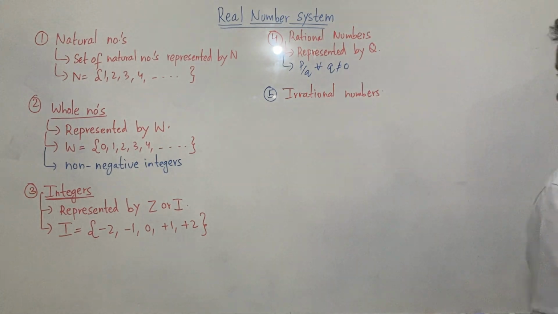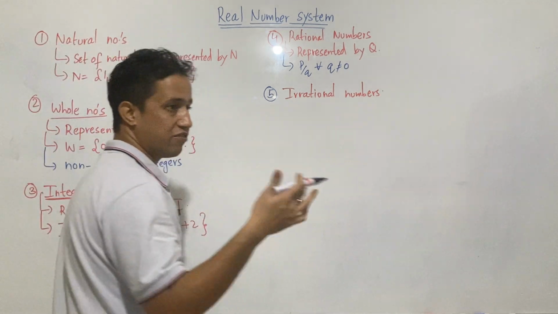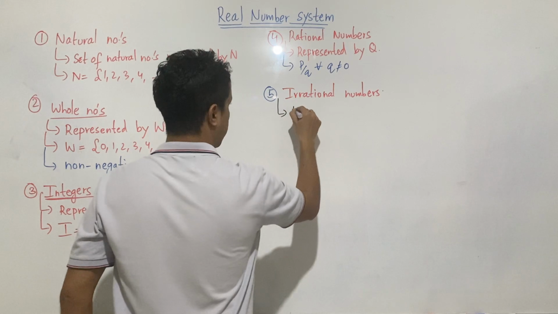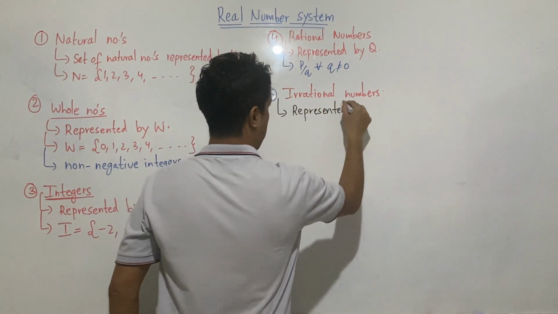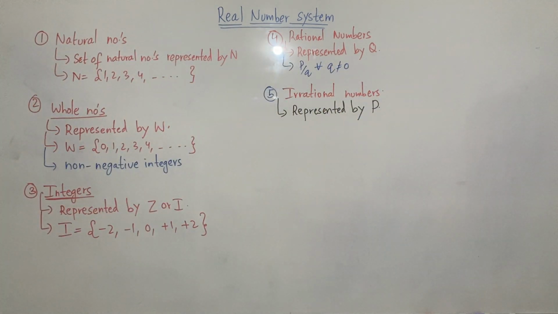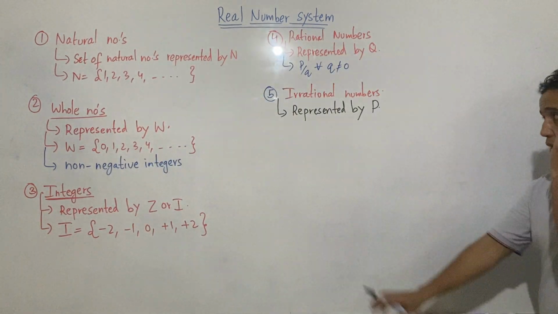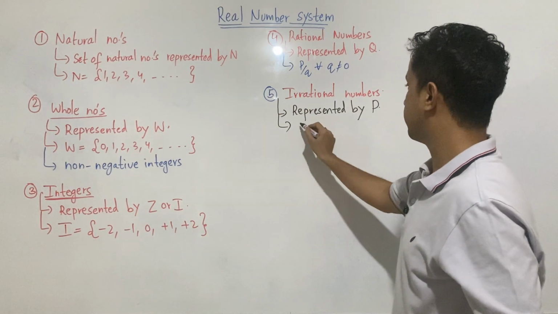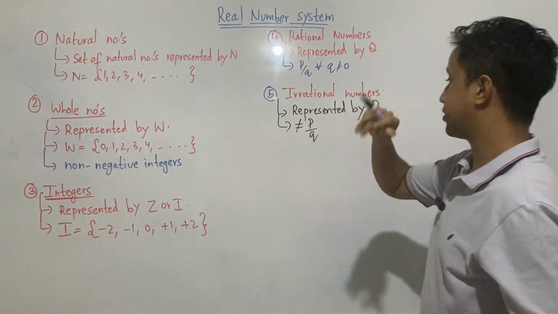Irrational numbers are the numbers that you cannot represent in the form of p by q. The set of irrational numbers is represented by p, and irrational numbers are the numbers that cannot be represented in the form of p by q.